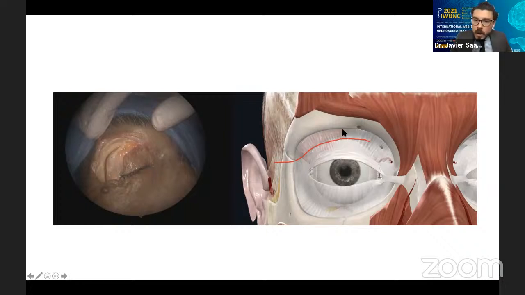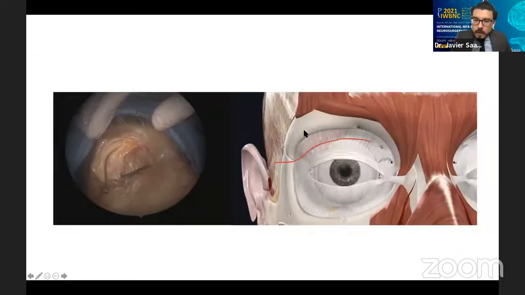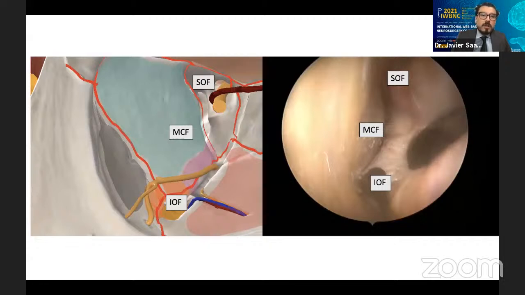You will go over the superior tarsus, and you will get to touch the orbital rim. You have to dissect until you touch the rim and get in contact with the periosteum of the orbital rim. Then you will start a subperiosteal dissection, and you have different options depending on where the lesion that you want to operate on is located.